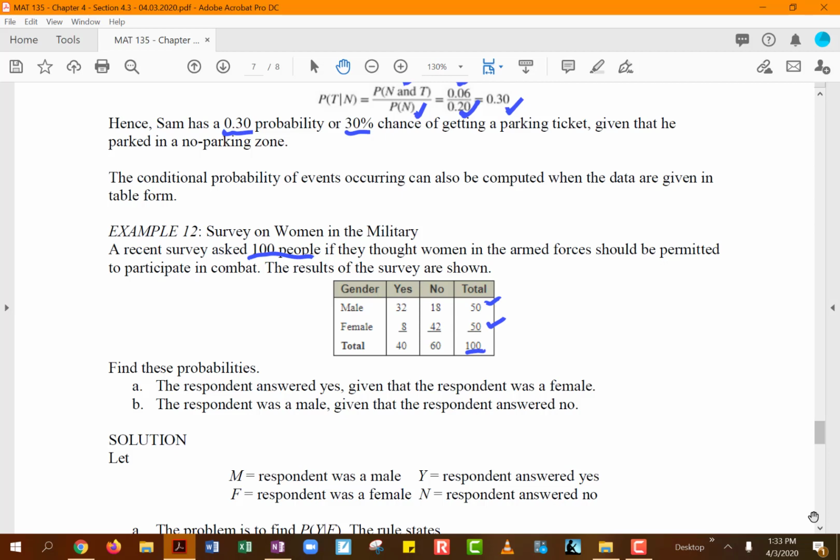And then 32 men said yes, 18 said no. So 32 plus 18 adds up to 50. And then 8 female said yes and 42 said no. And then if you add the columns, 32 plus 8 gave you 40. 18 plus 42 gave you 60. So just a breakdown of basically out of the 100, 40 people said yes and 60 people said no, right?